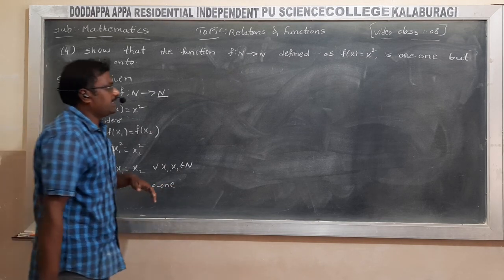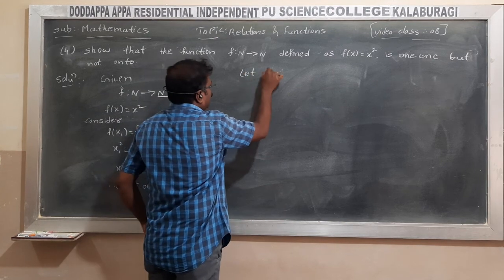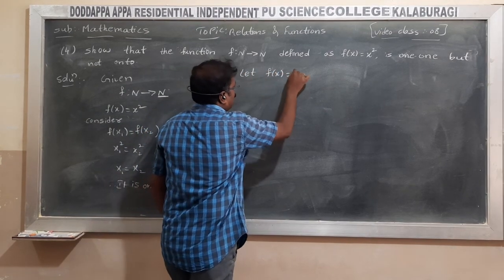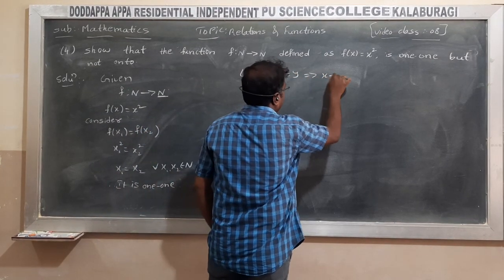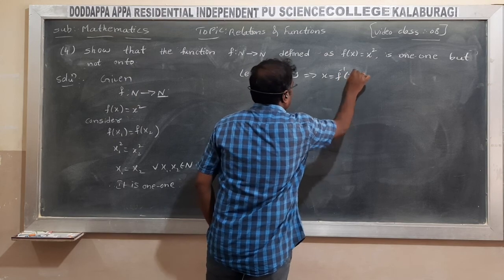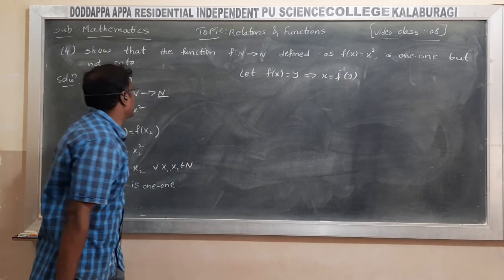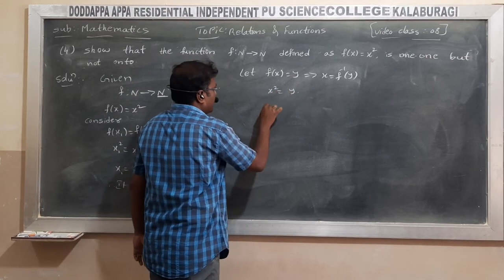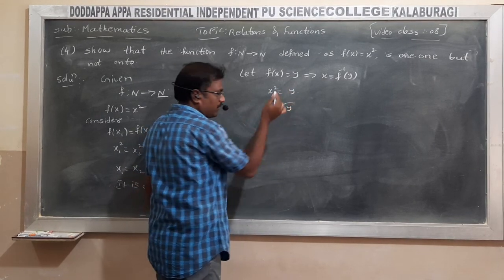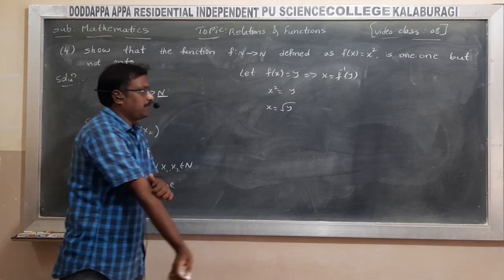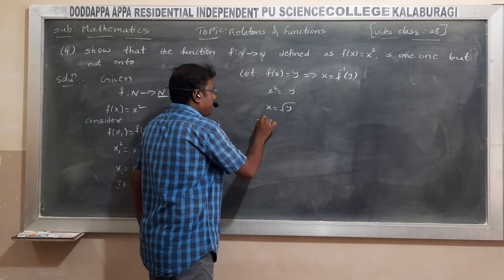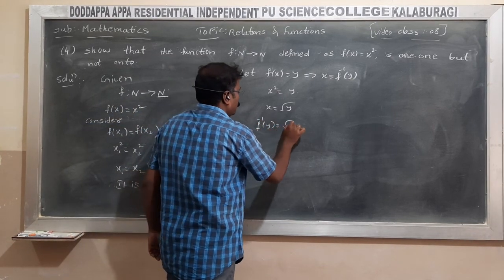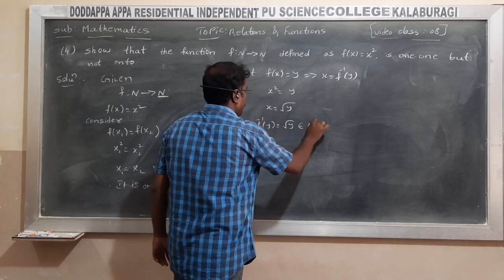Therefore it is one-one, right? Next, let f of x equal to y, implies x is equal to f inverse of y. What is the f of x value? x square is equal to y, so x is equal to root y. That is, f inverse of y is equal to root y. Does it belong to natural numbers?